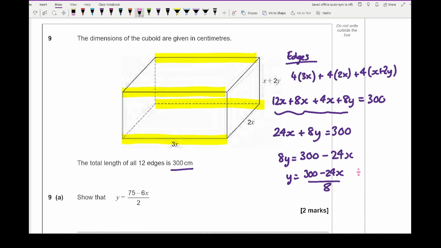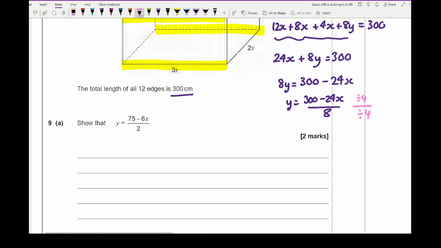So divide everything on the top by 4, and I forgot to divide everything on the bottom by 4 as well, in which what I'm going to end up with is 300 divided by 4 is 75, 24 divided by 4 is 6, that's going to be 6x, and 8 divided by 4 is 2. And that is what they wanted me to prove.